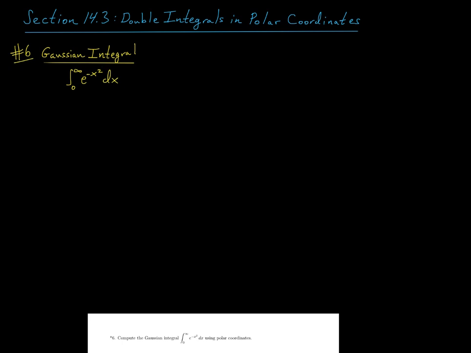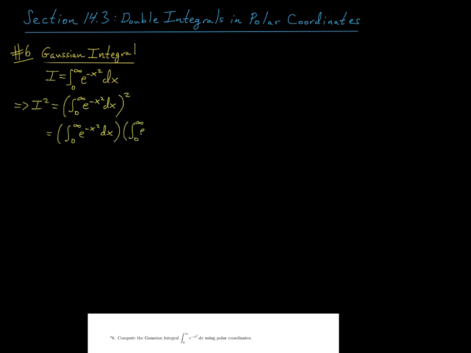Okay, so on our way to doing that, we're going to start out by first just labeling the integral I, and then what we're going to do is square this integral. So we're going to square I, and here for emphasis, I'm just going to write this as the product of the integral with itself.